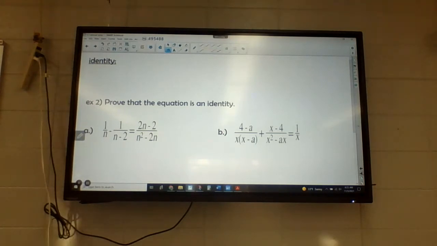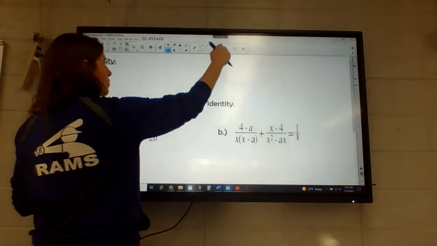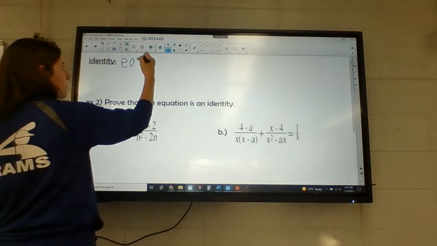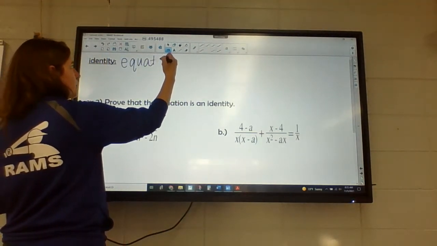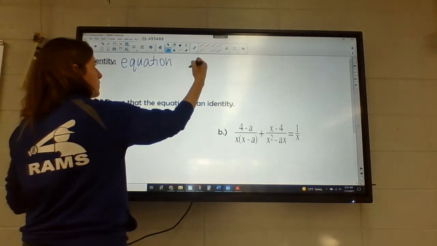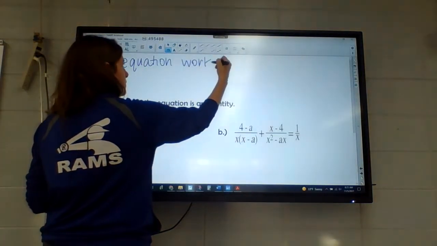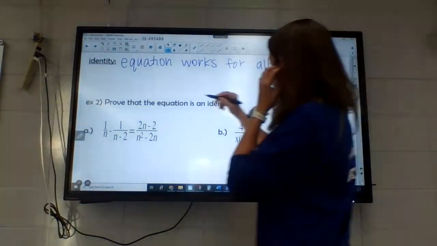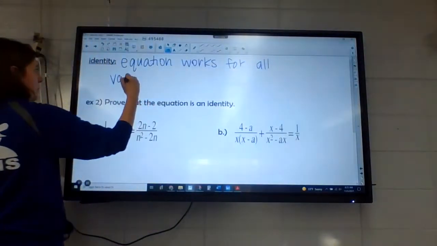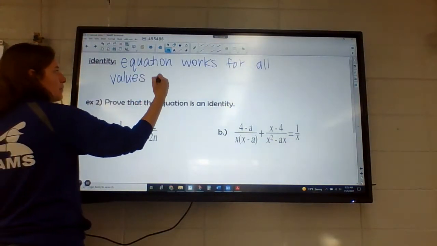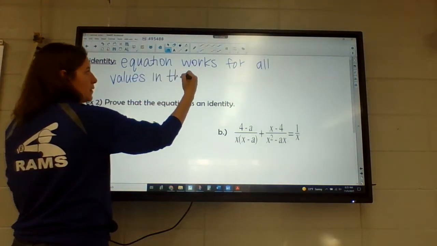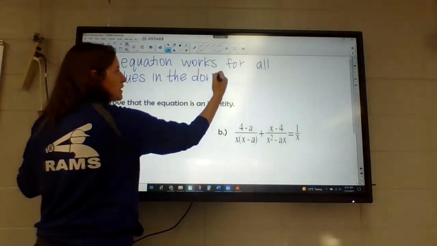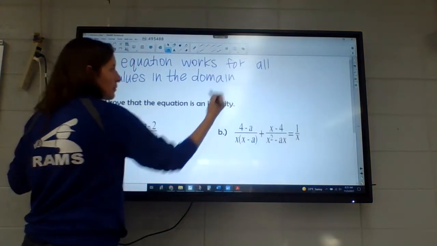So it works for everything except the excluded values. A short way to say that is the equation works for all values in the domain.